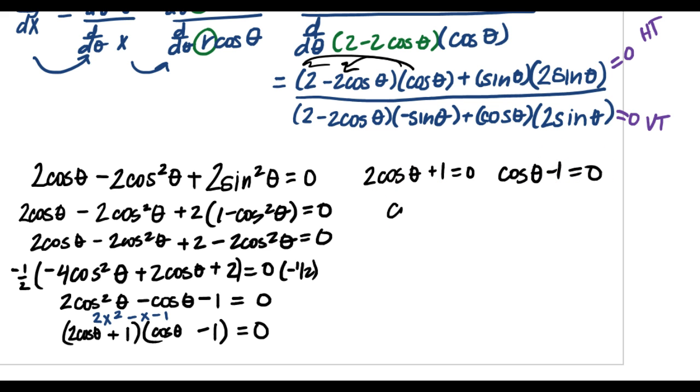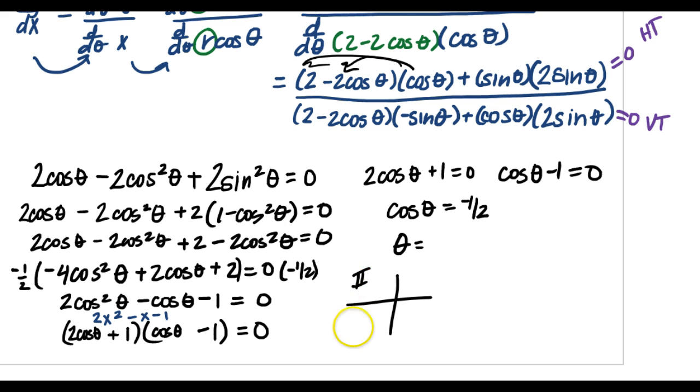So now I get cosine theta equals negative 1/2. I'm subtracting the 1 and dividing by 2. So when does cosine theta equal negative a half on the unit circle? So the reference angles we're thinking about are pi over 3, the multiples of pi over 3 in the appropriate quadrants. So where is cosine negative? Cosine is negative in quadrants 2 and 3, and we need a reference angle.